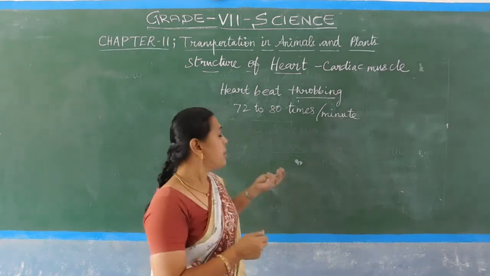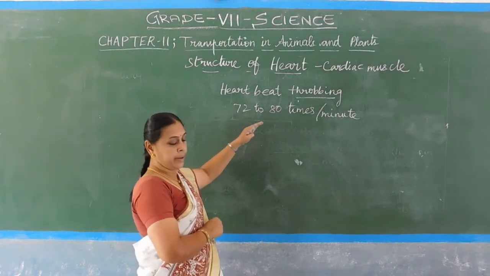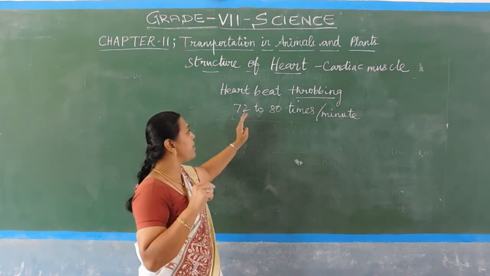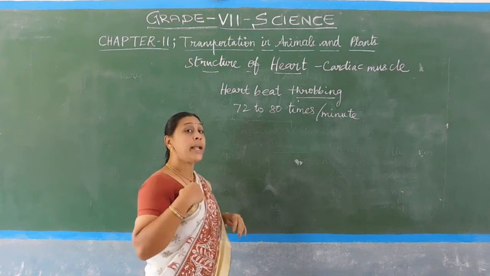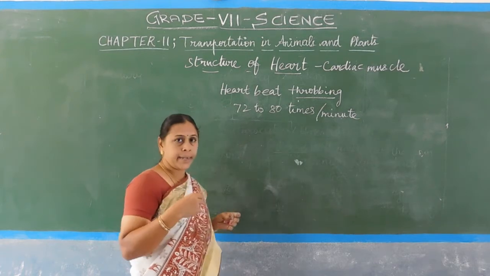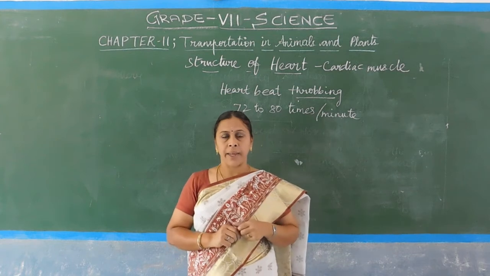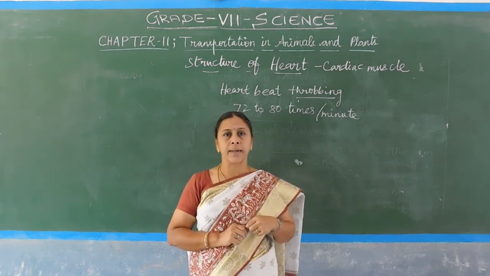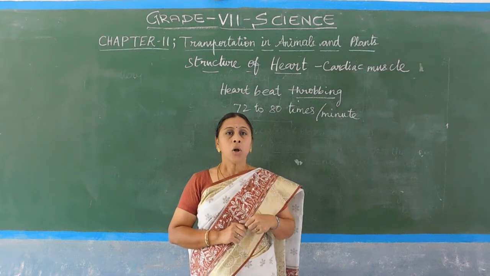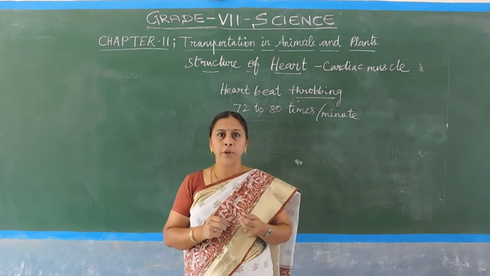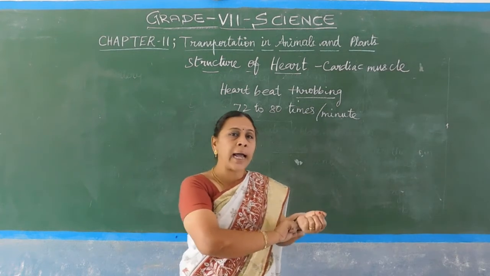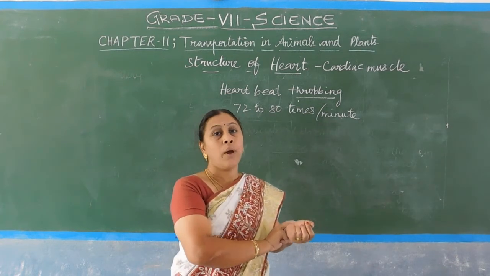But this heartbeat in a normal healthy person will be ranging from 70 to 80 times per minute. If you are not feeling well and you go to the doctor, first of all, what will he do? He will hold your hands while he is doing so.